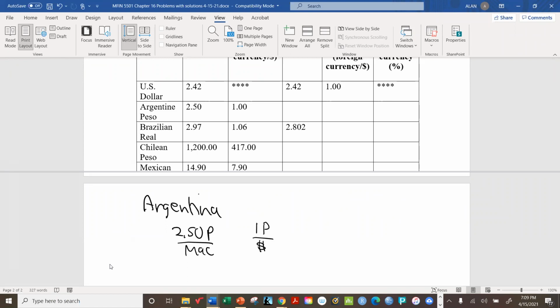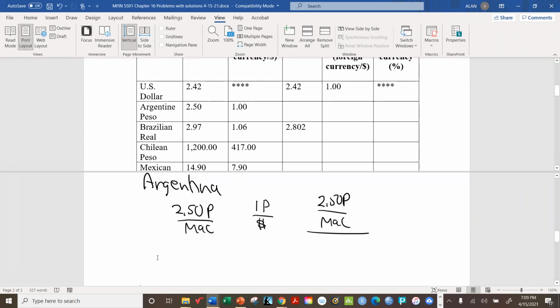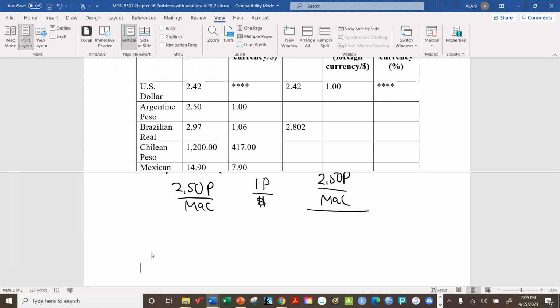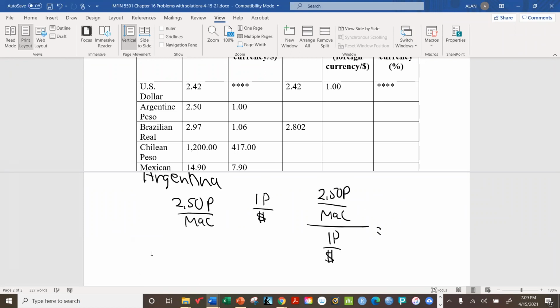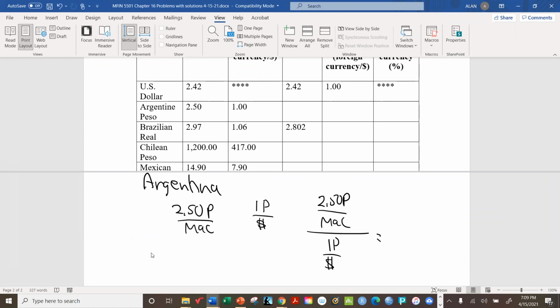So why don't I do the same thing I did with Brazil? 2.50 pesos per Mac will be divided by 1 peso per dollar, which equals 2.50 per Mac, 2.50 pesos per Mac times $1 per peso.